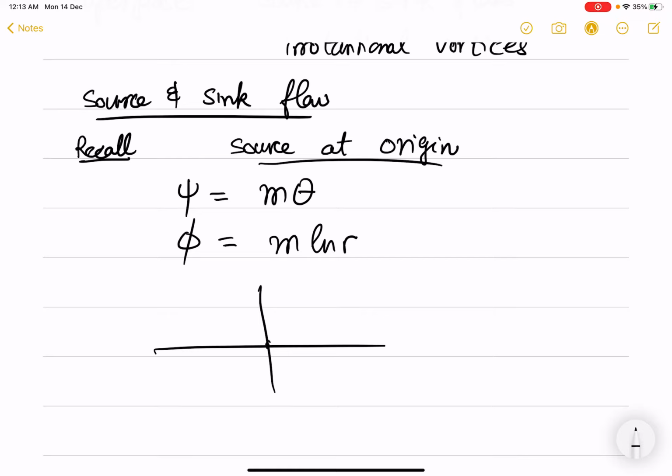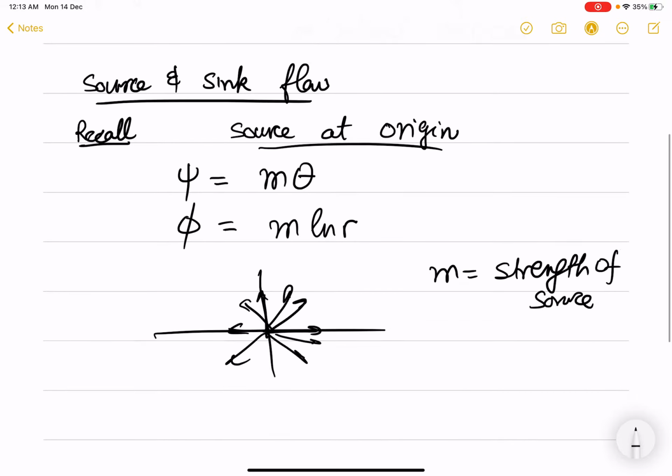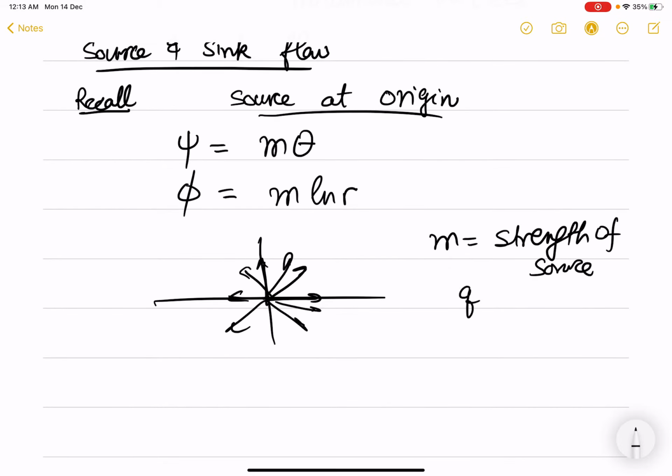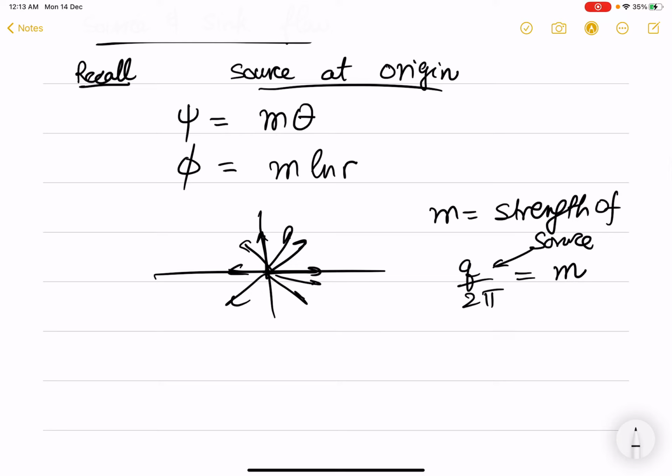So if this is the source at origin, we saw this flow looks like this, and m is the strength of the source, and sometimes people use Q for the strength of the source, and Q over 2 pi is what we are calling M. So you could have one of these notations, and this is what happens when we have a flow with a source at the origin.